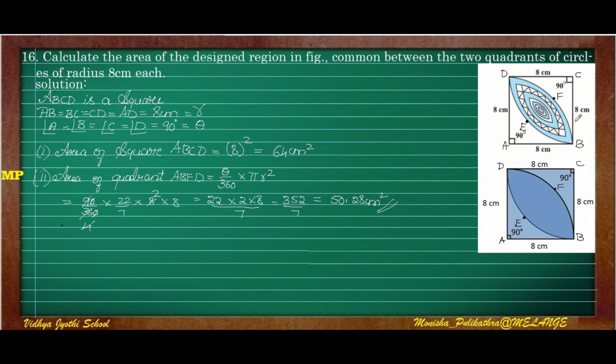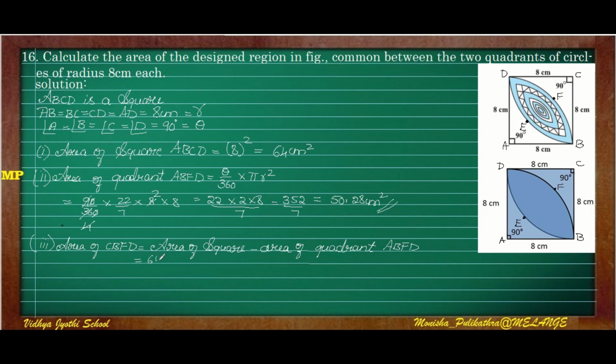Now we have to find out this area, that is CBFD. So if we want to find out CBFD, then from the square, if you subtract this ABFD, then we will get this part. So from the whole square, if you subtract this quadrant ABFD, then the remaining part will be this CBFD. So area of CBFD is obtained by subtracting area of quadrant ABFD from area of square.